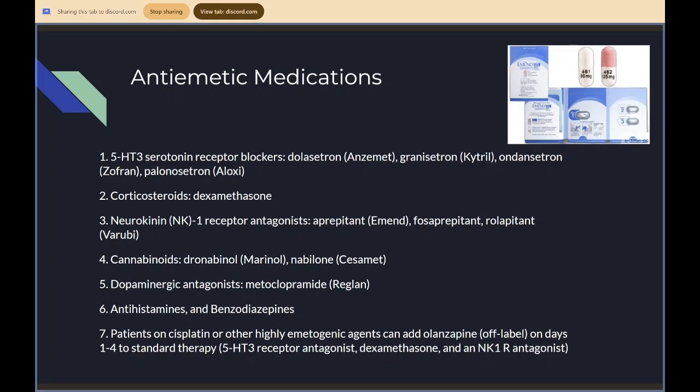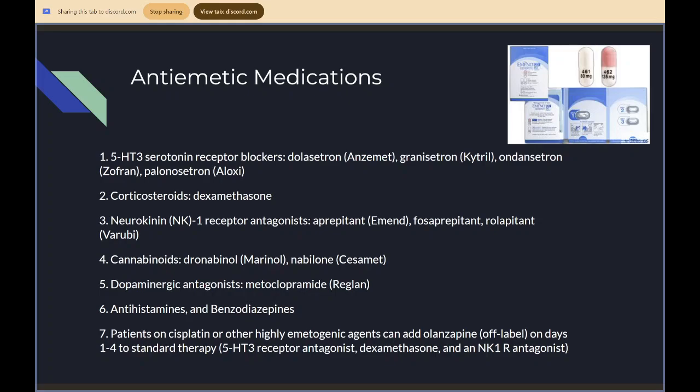Brand names are going to be Anzemet, Kytril, Zofran, and Aloxi. Steroids, we use dexamethasone. Brand name is going to be, actually in the chat, can anyone tell me the brand name for dexamethasone? Please type that into the chat.